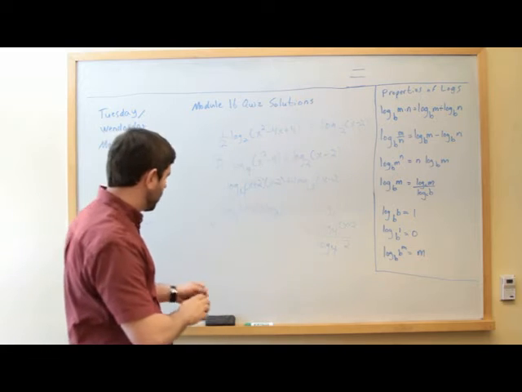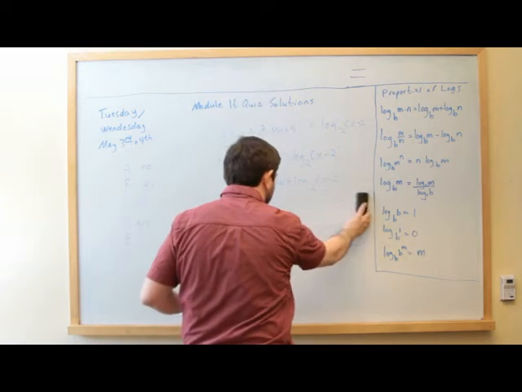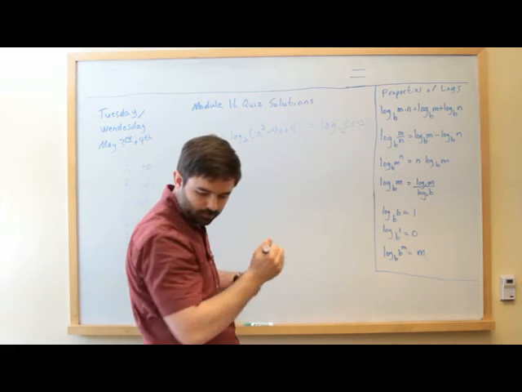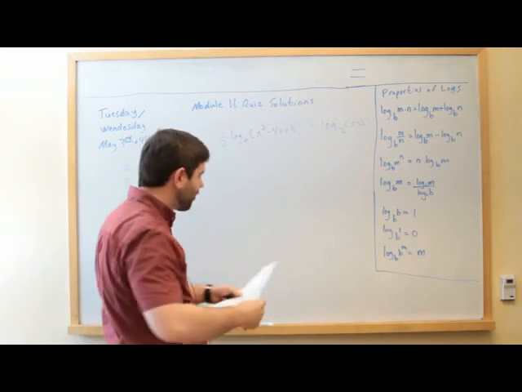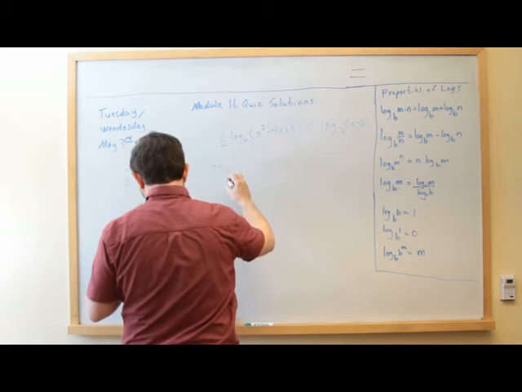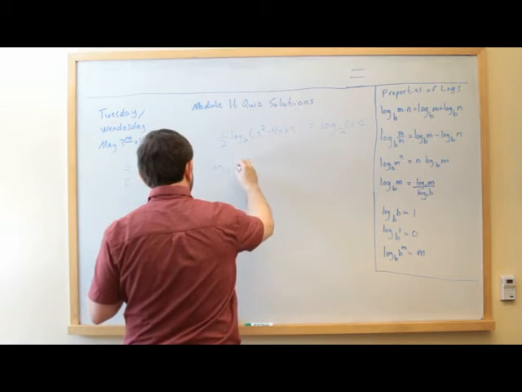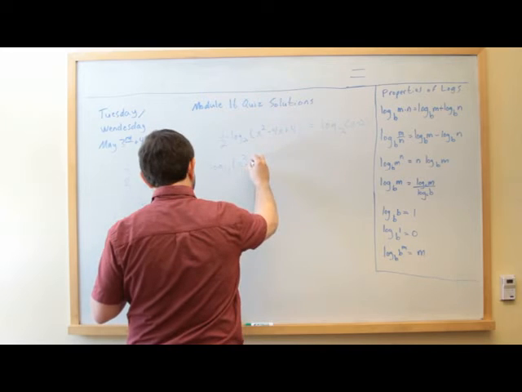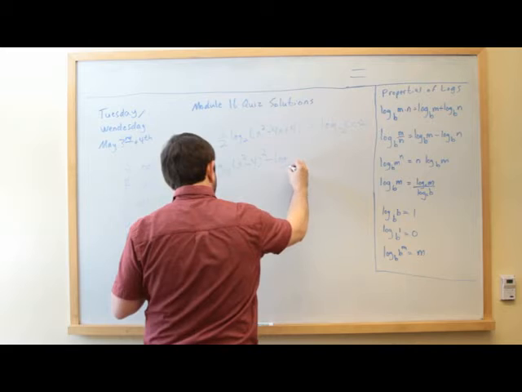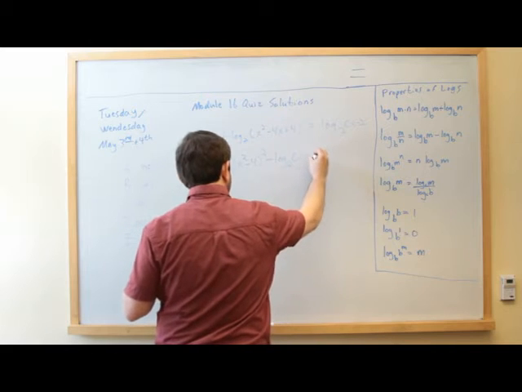Okay, we're ready for E. Log base 4 of x squared minus 4 squared minus log base 2 of x plus 2.